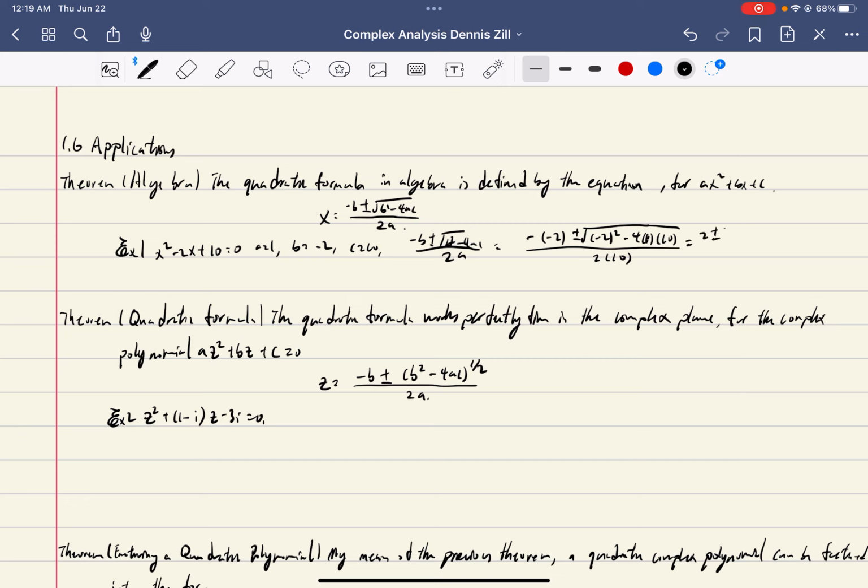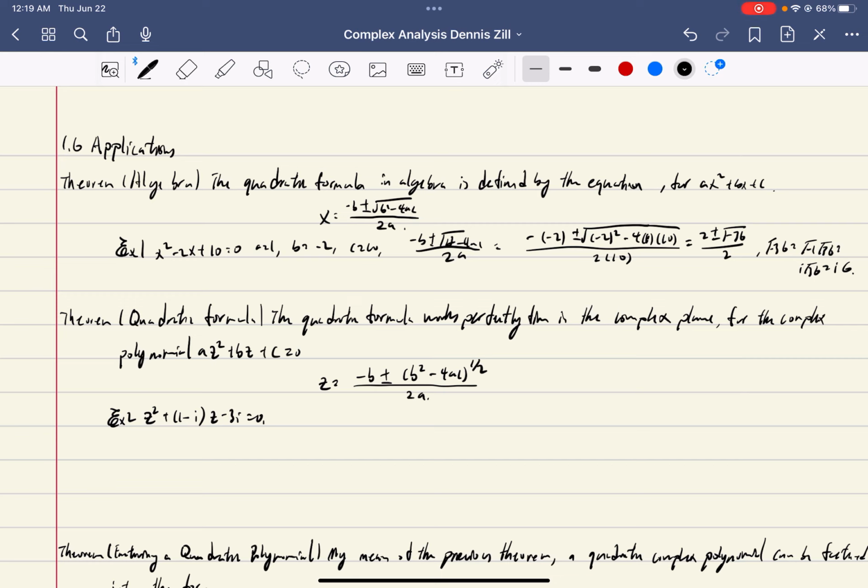2 plus and minus the square root of negative 36, over 2. And consider the square root of negative 36 is equal to the square root of negative 1 times the square root of 36, that is equal to i times the square root of 36, equal to i times 6, right? Okay, so that is 6i.